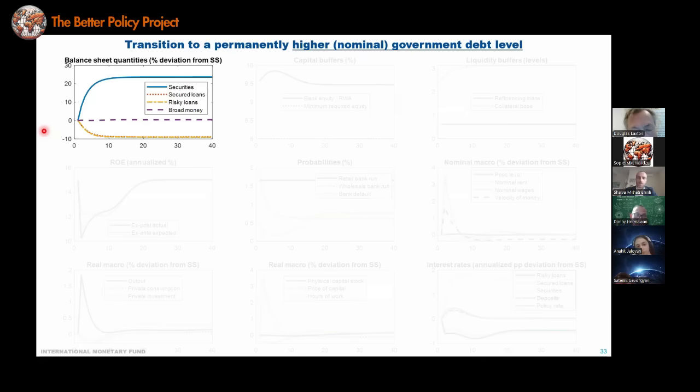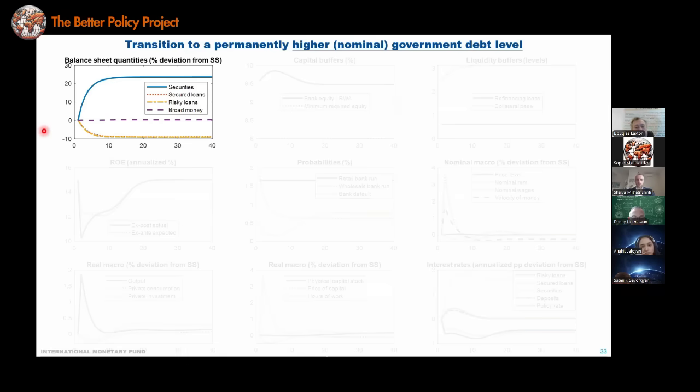If you look at the fiscal theory of the price level, it tells you that the price level needs to increase because higher government debt needs to be financed by future primary surpluses.